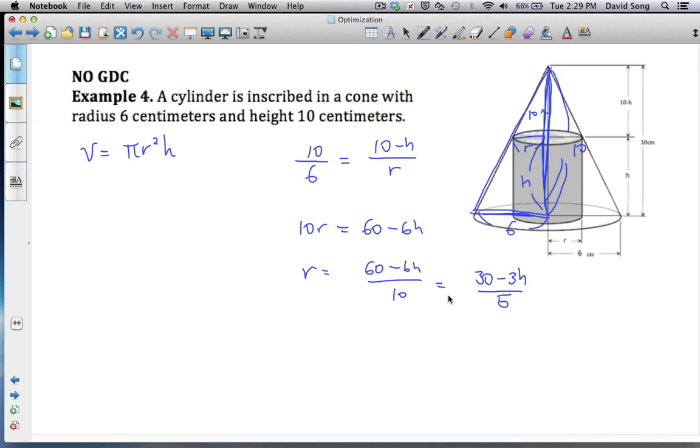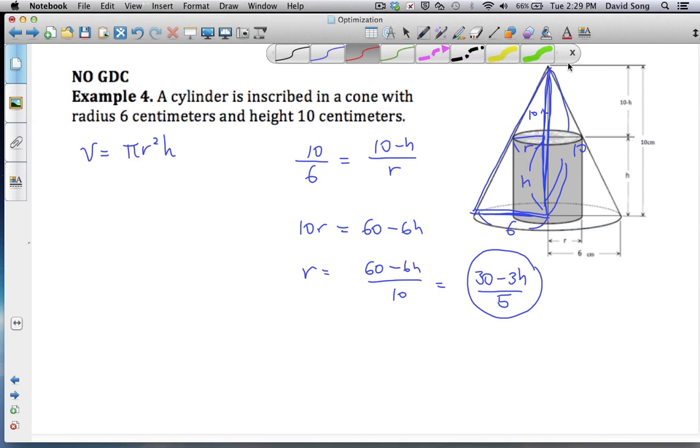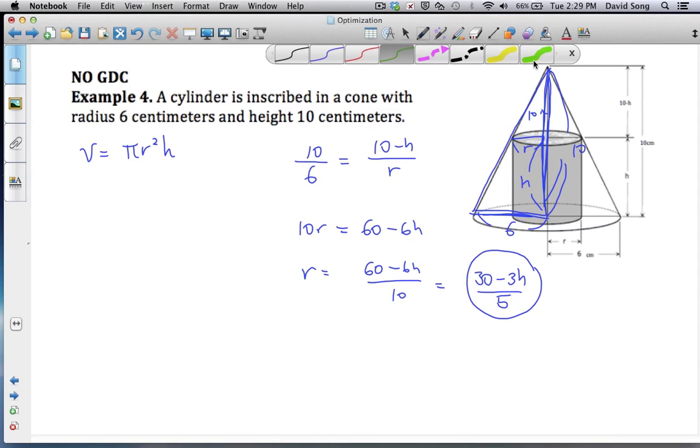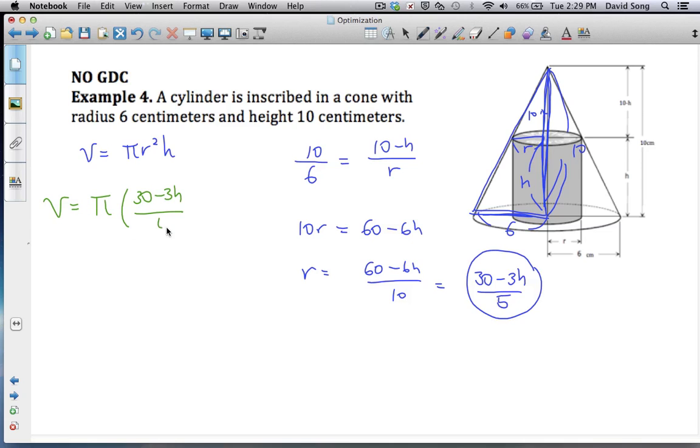Okay, so then because I know r is equal to this expression in terms of h, I can plug this in here. So v, I'm going to change colors. So v now is equal to pi times 30 minus 3h over 5 squared times h. Okay, and you could factor out 3 over 5.